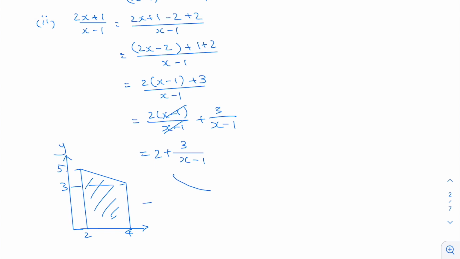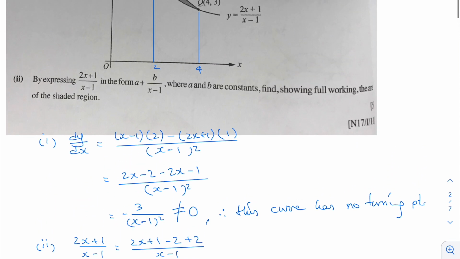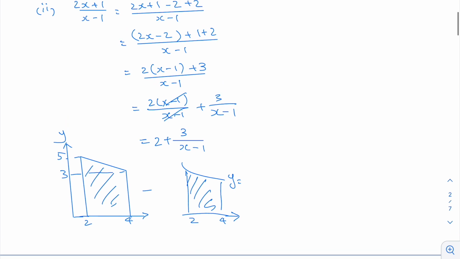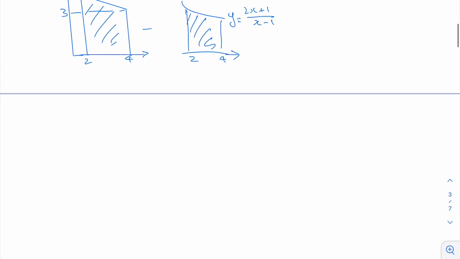So this area subtract the area under the curve. This is 2 to 4 on the x-axis, and this curve is the curve that we have: y equals 2x plus 1 over x minus 1.